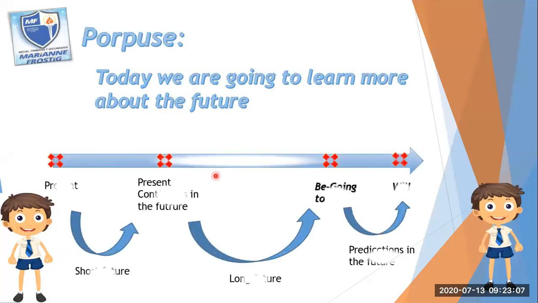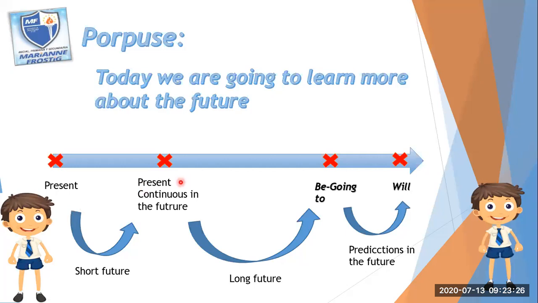And here I have a line, look, okay? We use the present simple to talk about the present, okay? Or the present continuous to talk about actions that you do in that moment, in the present.